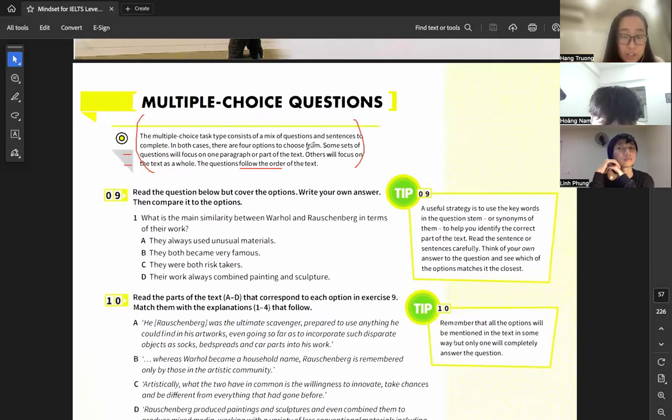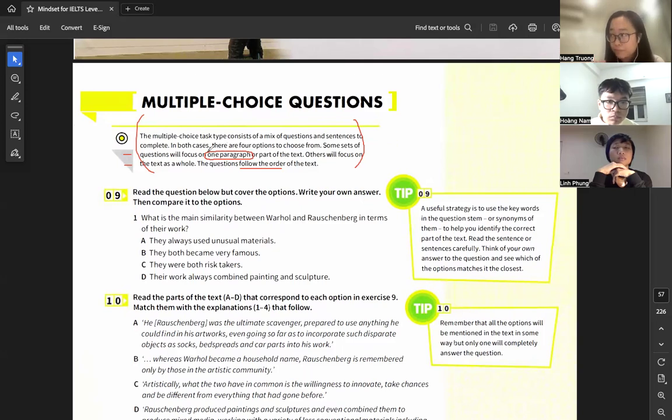And like Hua just mentioned, there are 2 types of multiple choice questions. The first type, the questions will focus on only one paragraph, so you can just pay attention to one specific part in a whole passage, right? However, there are going to be questions that are more broad. These are usually called global multiple choice questions.